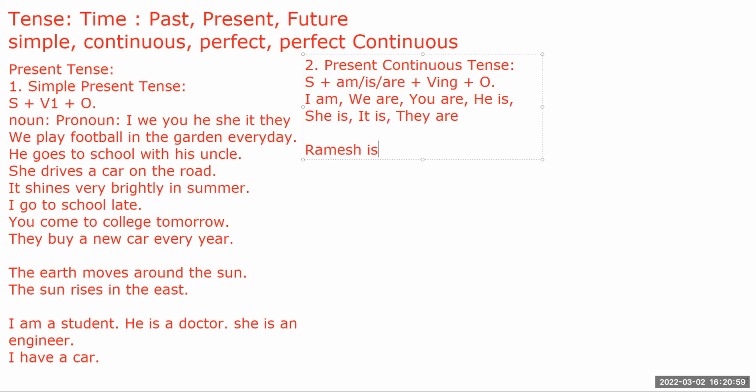Is, sir. Ramesh is. त्यानंतर yes, I would like to use one verb, and that verb I will say painting. So paint is the verb, I'm attaching ing. Ramesh is painting. Okay, so the sentence can be Ramesh is painting, or additionally I can say a picture. Okay, Ramesh is painting a picture.